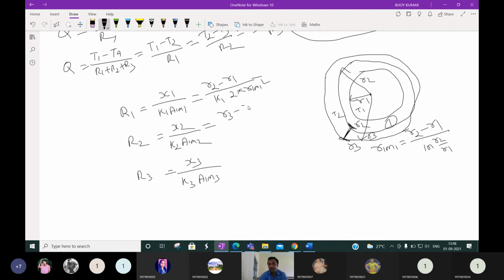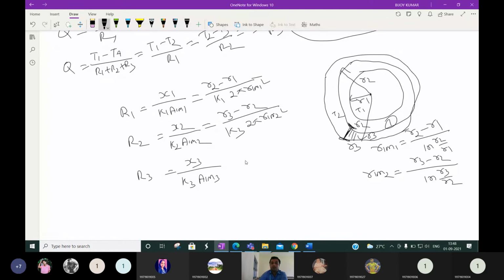It is R3 minus R2 by K2 into ALM2. ALM2 is nothing but 2 pi RLM2 into L. Then what is RLM2? Can anyone say? RLM2 means the logarithmic mean radius of the second one. So for the second wall, the radii are R3 and R2. So it will be R3 minus R2 by ln of R3 by R2.